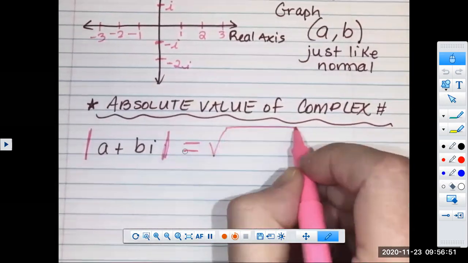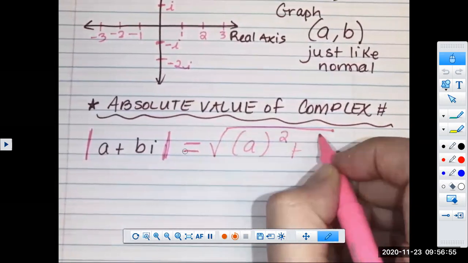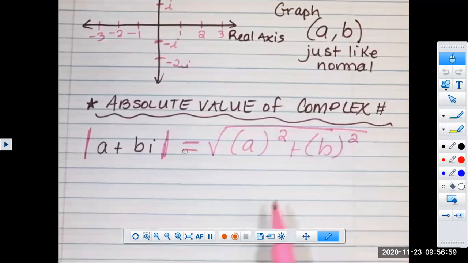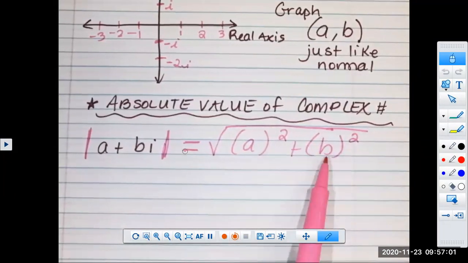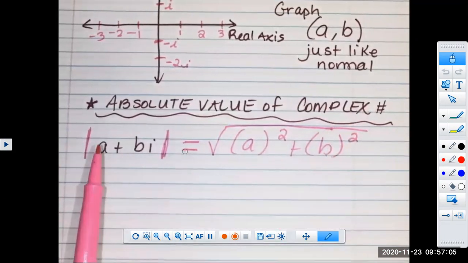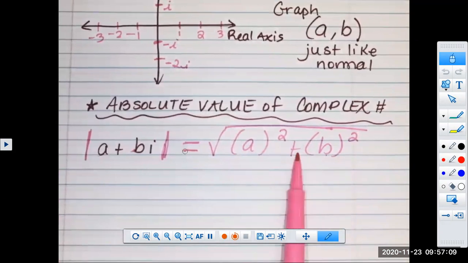Square root of a squared plus b squared. Notice, once again, you do not have i here. To find the absolute value of a complex number, you simply take a and the number in front of i, square them, add, and take the square root.